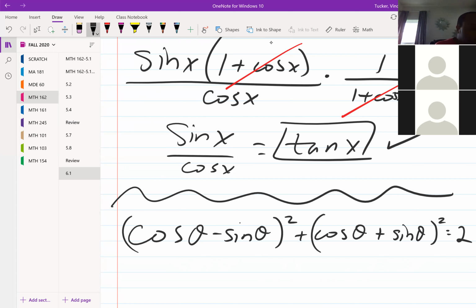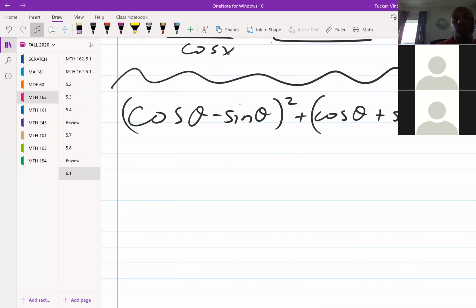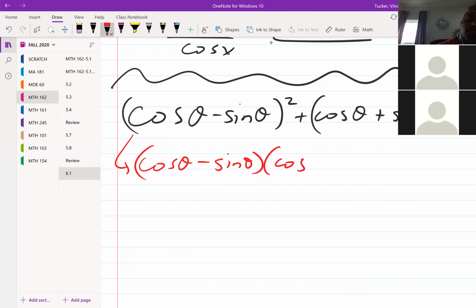So we have cosine minus sine squared plus cosine plus sine squared, and that is equal to 2. Here, looking at the first quantity that's being squared, cosine theta minus sine theta, I'm just going to square and expand out each quantity first alone.